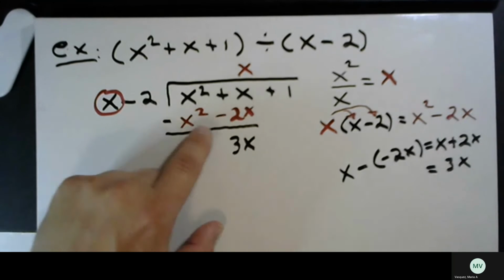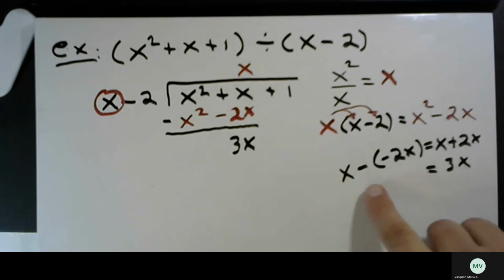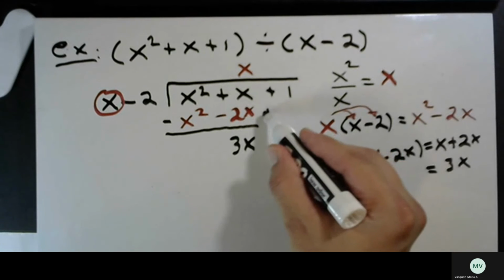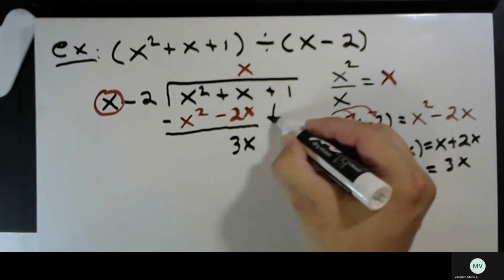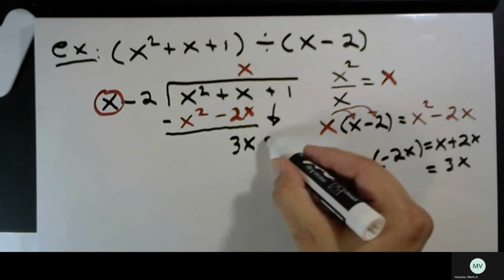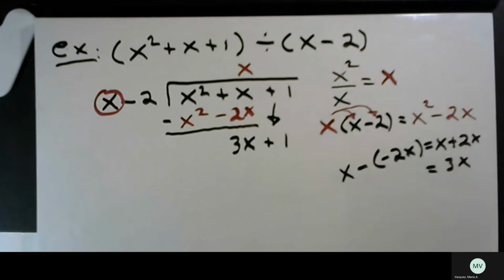So this minus a negative 2x. And that's why you're getting that double negative. So that'll come up from time to time. So we'll bring down the +1. And then that's it. That's our first cycle of division. So any questions so far?